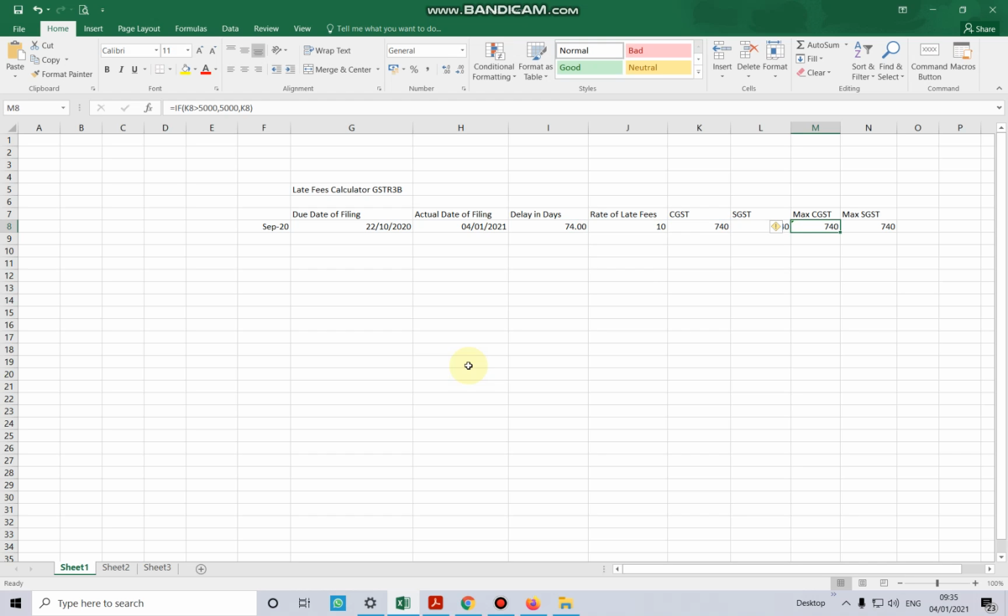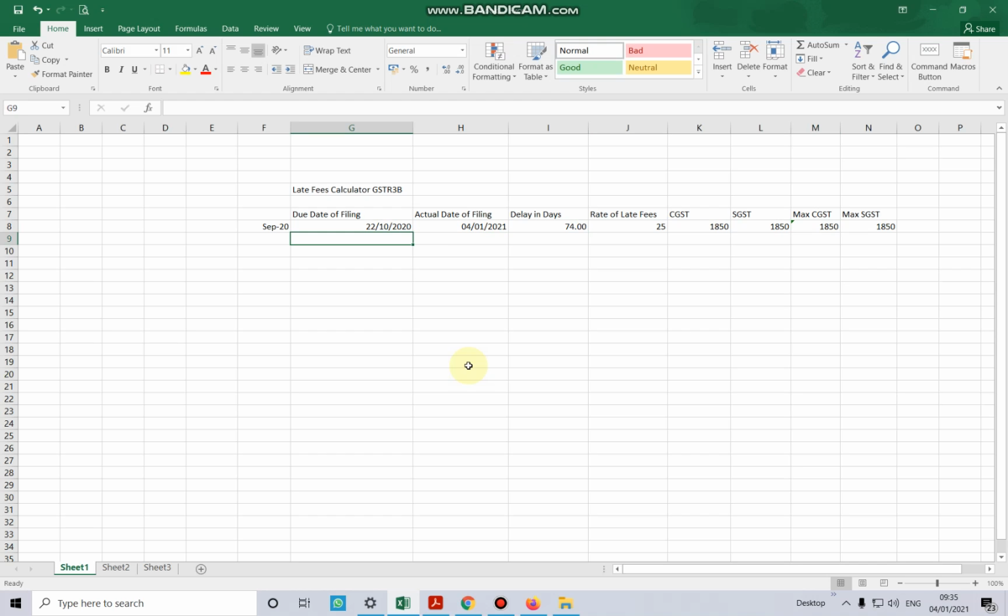So the amount cannot exceed 5,000 rupees. That is why I have given the formula here: if K8 is more than 5,000, then 5,000, otherwise K8. Suppose it is not a nil return, you just have to change the amount to 25 and automatically everything gets changed. And again, I'll explain with an example for the 5,000 maximum late fees capping.